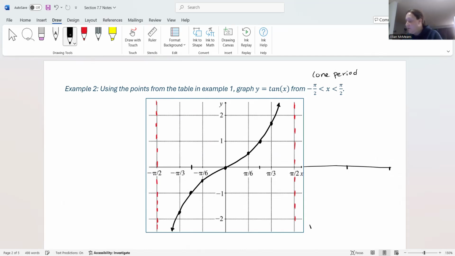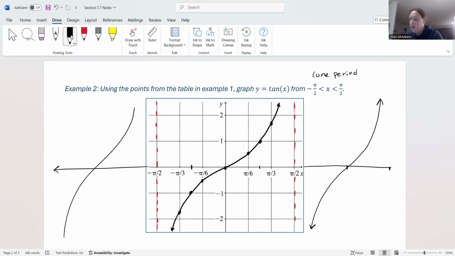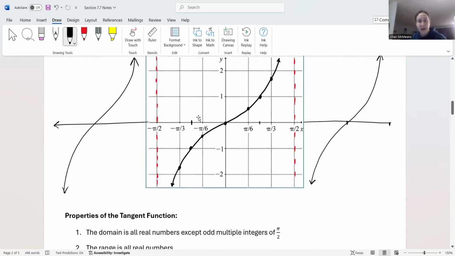We would have a graph that did this. And if we extended our graph in this direction, we would have another iteration that did this. So this shape keeps going. It just keeps repeating every pi radians. So that is the graph of tangent.